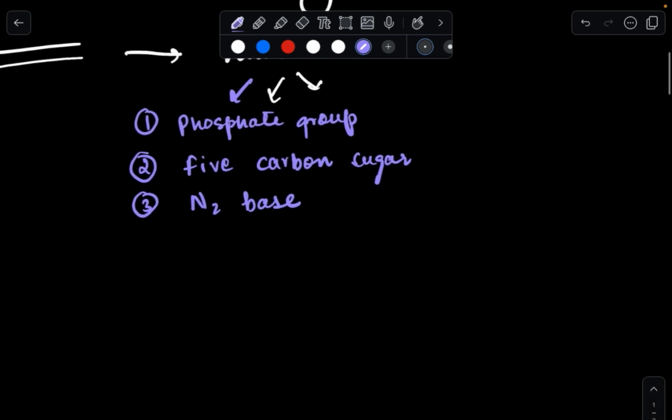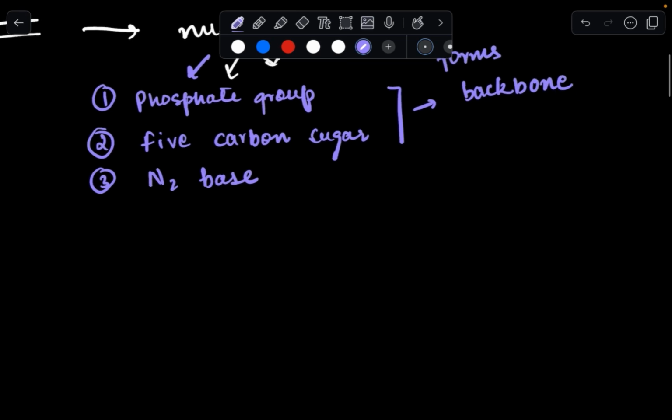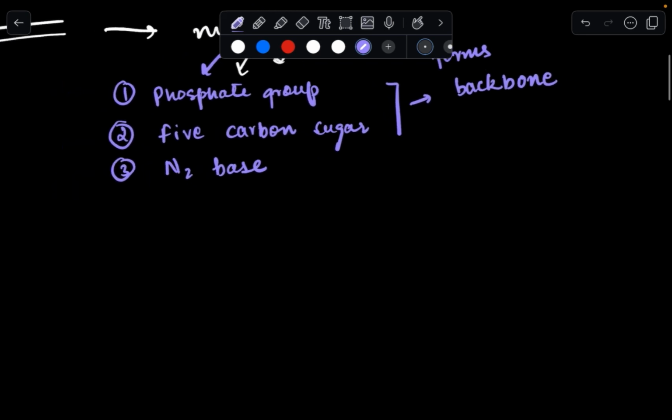The phosphate groups and the sugars form the backbone of each strand of DNA or RNA, and the bases are joined to the sugars and stick out sideways, like we can see in the later diagram.